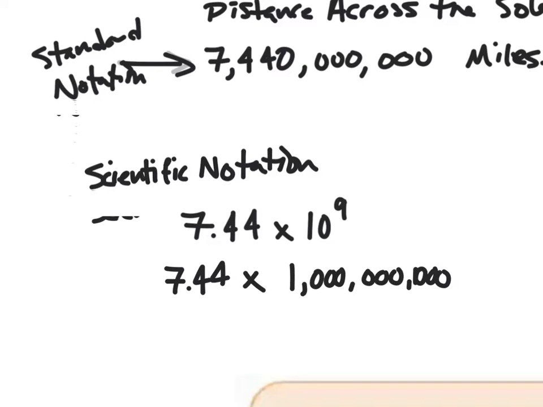Okay, and when I do this, realize that when I have the ninth power, what I've done is I've got 9 digits past 1, all right? And if I take 7.44 times a billion, it's going to give me 7,444,000,000 miles, okay? And that's what we've got, okay? And we'll talk more about how I go in between these two, but now let's talk about a really small number, okay?